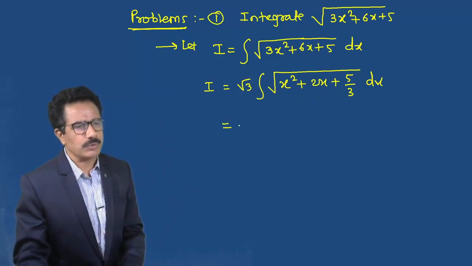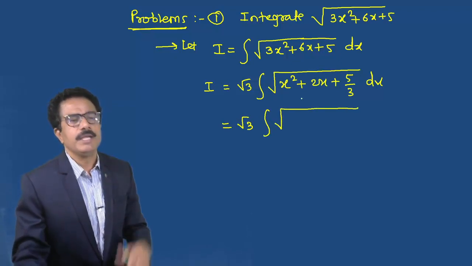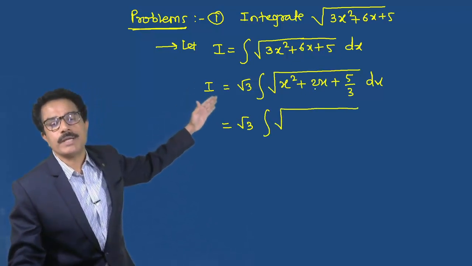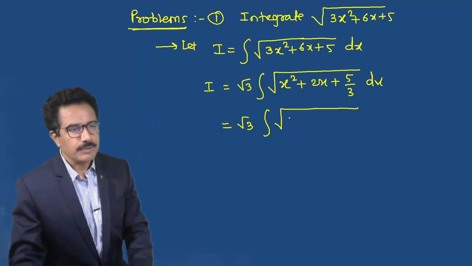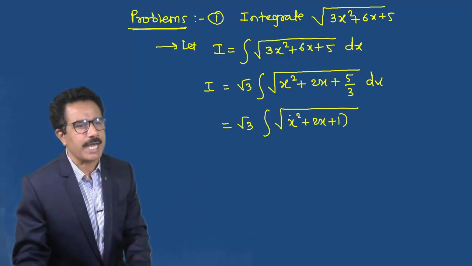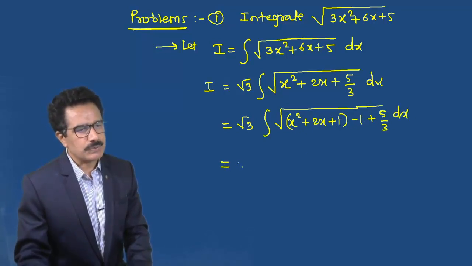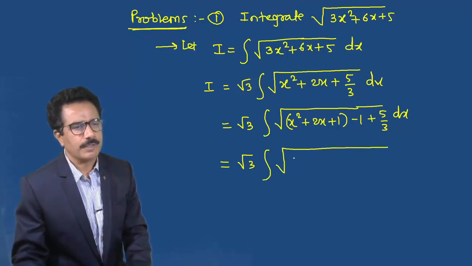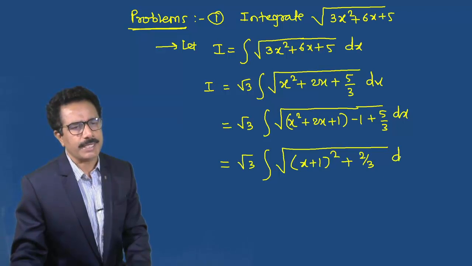So I is equal to root 3 integration of root of, now use the last term, which means (1 by 2 coefficient of x) bracket square. So we can use x square plus 2x plus 1 as the last term, minus 1 plus 5 by 3, into dx. So root 3 integration of root of, we can write (x plus 1) bracket square plus 2 by 3 dx.